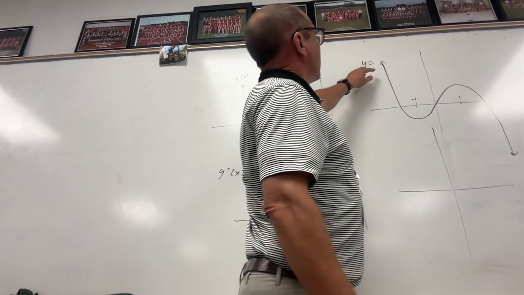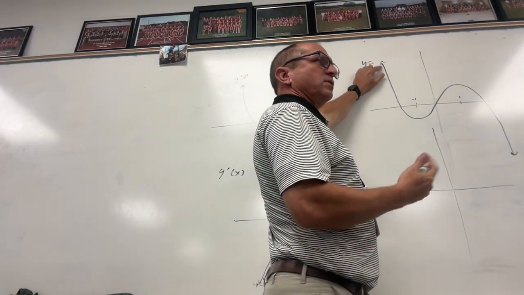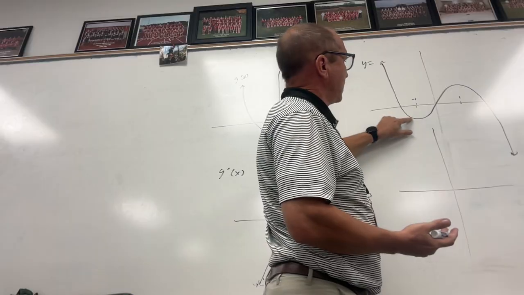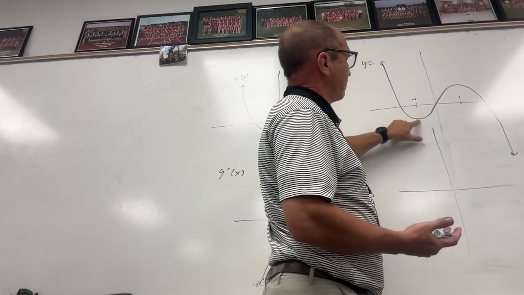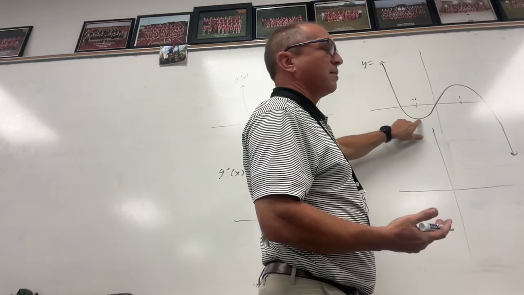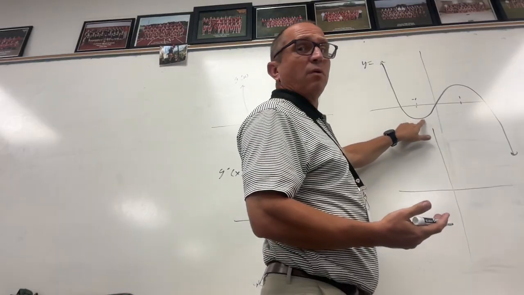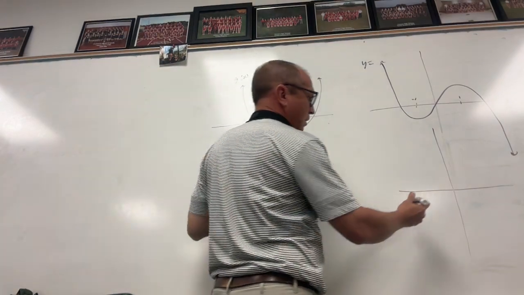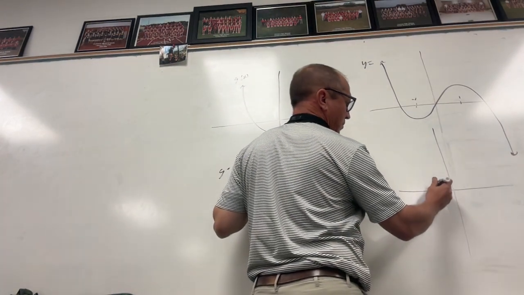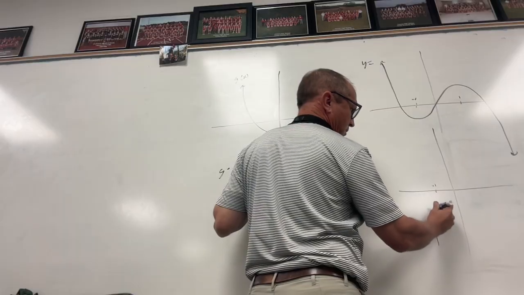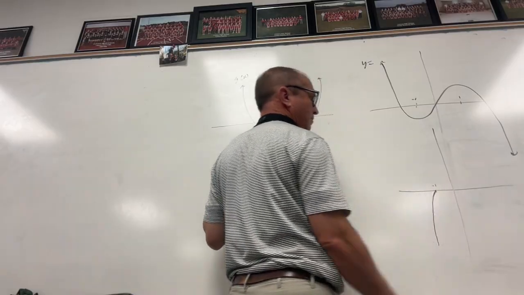Now again, these negative values are going to represent steeper numbers than these right here, right? They're going to kind of come into where this would be maybe like negative 1/2 and then negative 1/4 and then 0 or something like that. So I'm going to go up to, and again I'm going to put negative 1 here, and I'm going to come up and it's going to look something like this, right?